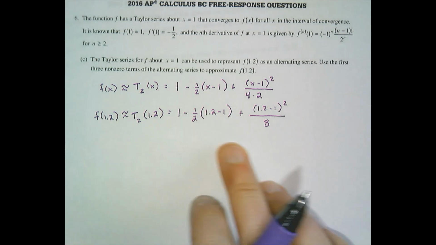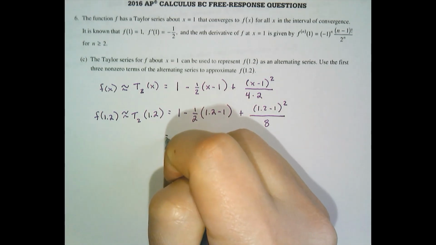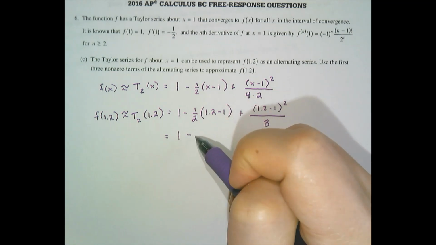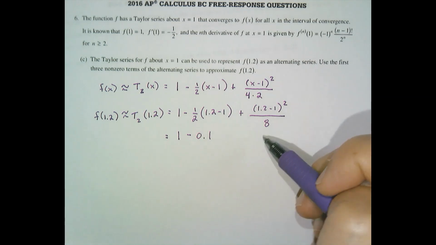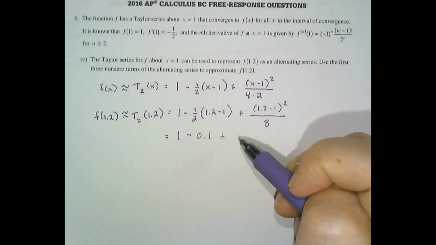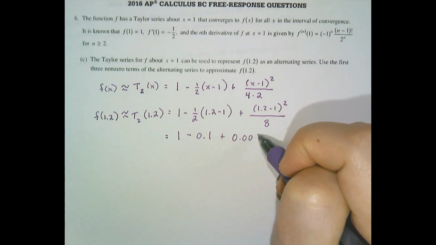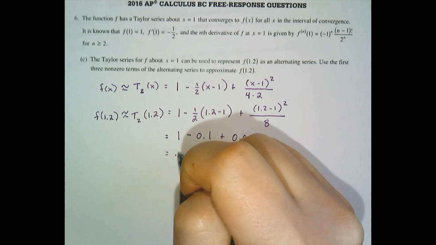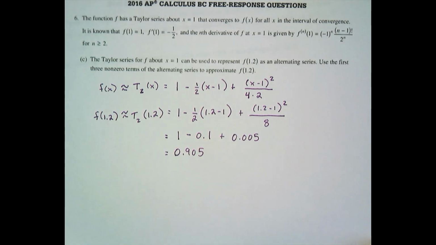And this is a numeric answer, and numeric answers are good enough for credit on the AP test. If we actually wanted to go through and simplify this, 1 is 1, 0.2 cut in half is 0.1, and then 0.2 squared over 8 is, so there's our decimal approximation.